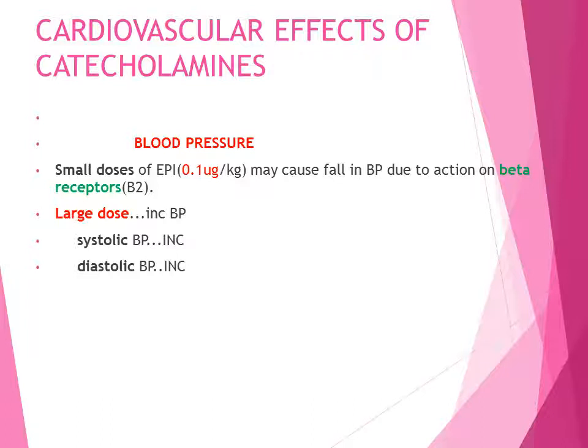So the effect of epinephrine on the cardiovascular system is dose dependent. If we give epinephrine in small doses, it causes fall in blood pressure due to action on beta 2 receptors, while if we give it in large doses, it causes both increase in systolic as well as in diastolic blood pressure.